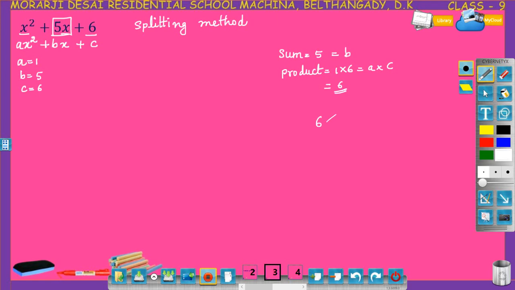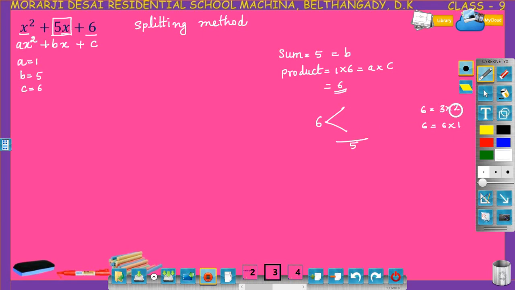Now split 6 like this so that their sum is 5. We know the factors of 6: 3 2s are 6, and 6 can be written as 6 into 1 also. See, if I write 6 and 1, then the sum of 6 and 1 is not 5, that is 7.